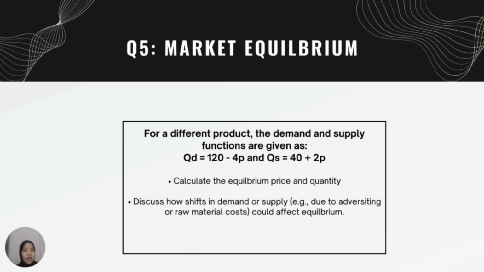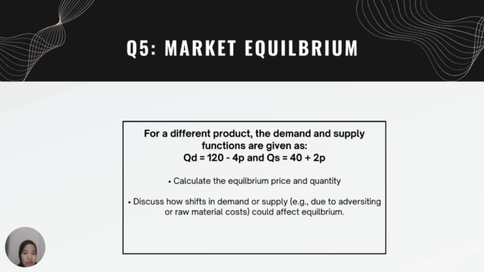So here is question 5, market equilibrium. The question is, for a different product, the demand and supply functions are given as QD equals 120 minus 4P and QS equals 40 plus 2P.